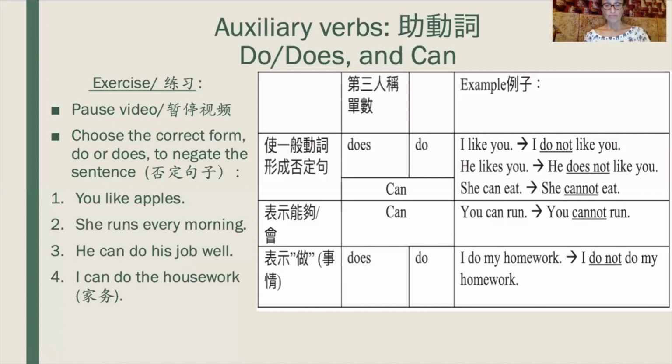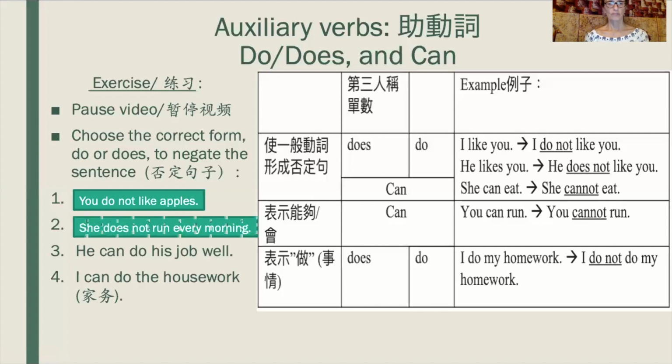Okay, let's look at those answers. You like apples? You do not like apples. She runs 跑步 every morning. 每天早上她去跑步. She does not run every morning. He can do his job well. He cannot do his job well.